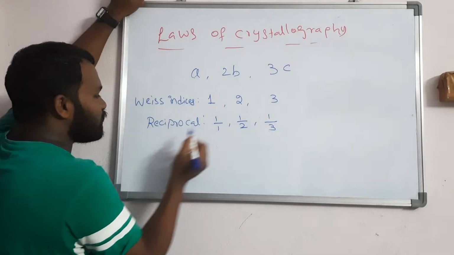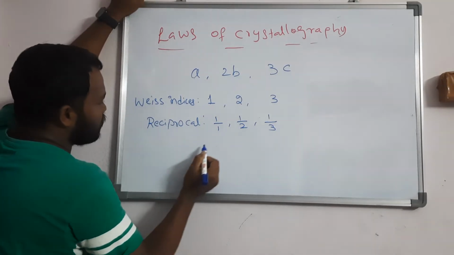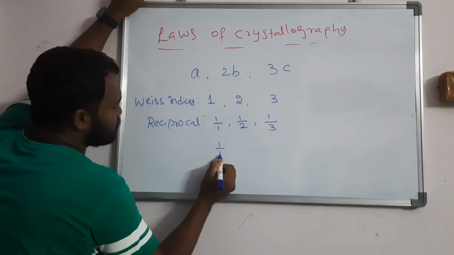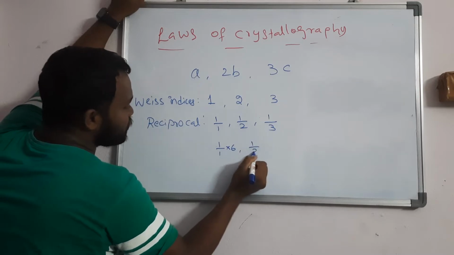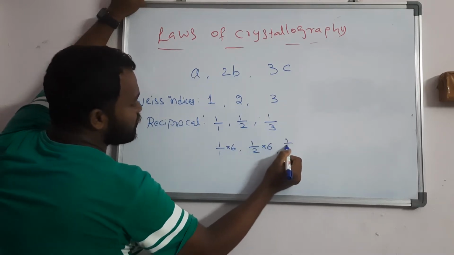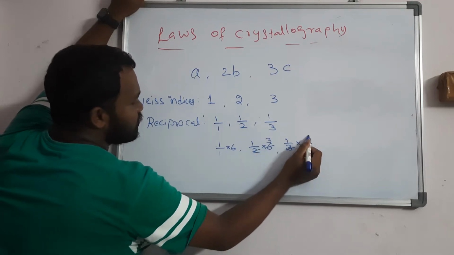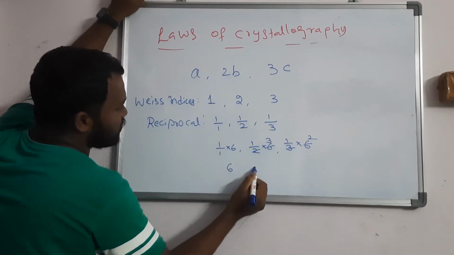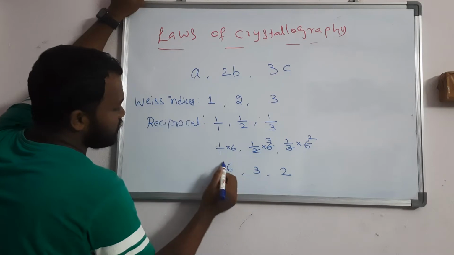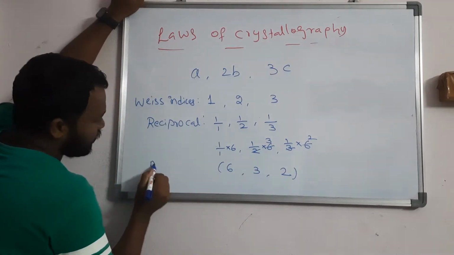So multiply those numbers by 6. Then you get 1 by 1 into 6, 1 by 2 into 6, and 1 by 3 into 6, which is 6, 3, 2. 6 3 2 is called the Miller indices.